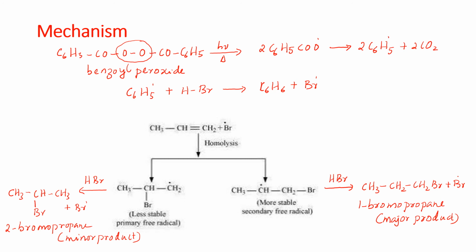We get two intermediate free radicals. One is a primary radical and the other one is secondary free radical. And we know secondary free radical is more stable. So the product corresponding to the more stable secondary free radical is the major product, and that is 1-bromopropane, along with a small quantity of 2-bromopropane is formed.